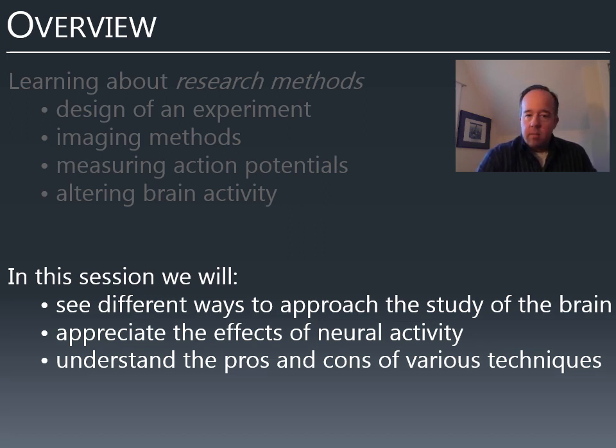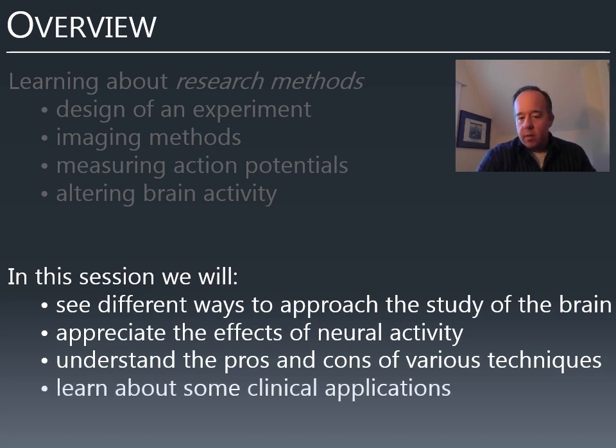Techniques that can measure a broad area tend not to be very fast or very precise. So we'll see those various pros and cons. We'll see why you might choose one technique over another. And then we'll see some applications, not just in terms of basic science, our understanding of the brain, but also some clinical applications. How can we use these techniques to help someone with a psychological disorder, for example?